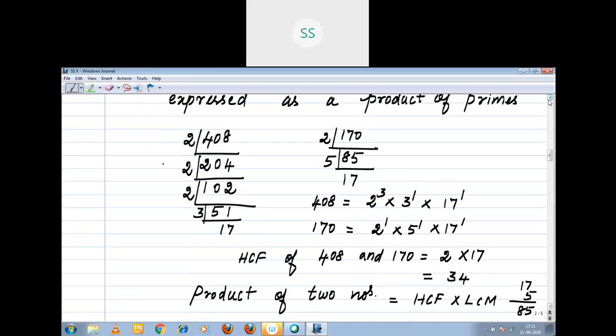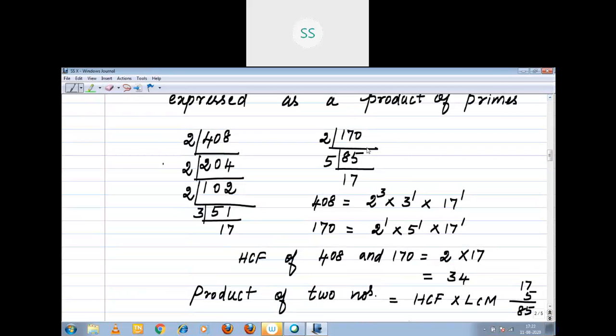The fundamental theorem is nothing but every composite number can be expressed as a product of primes, and the prime factorization is unique.